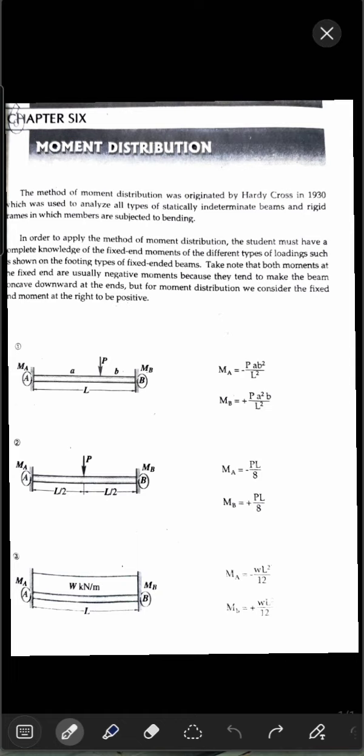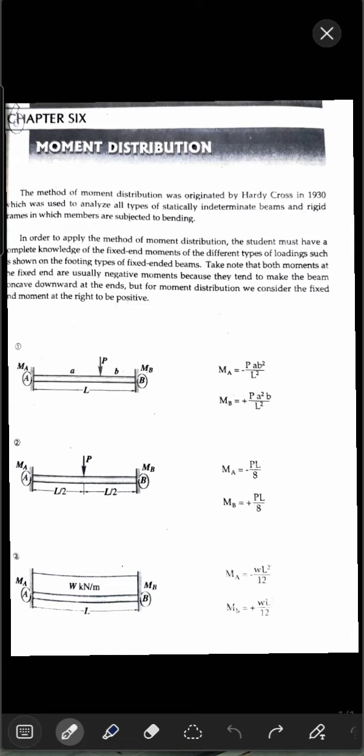So now I will introduce to you another method in computing moments at supports, whether fixed or simple support. This method was originated by Hardy Cross in 1930. It is called the moment distribution method.